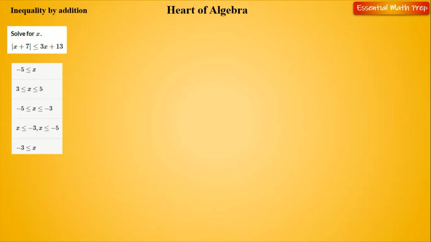So let's get started. Here we have the absolute value of x plus 7, which is less than or equal to 3x plus 13. What have we done traditionally when we have inequality is, first you treat the x plus 7 with no changes. So we'll take x plus 7, which is less than or equal to 3x plus 13.